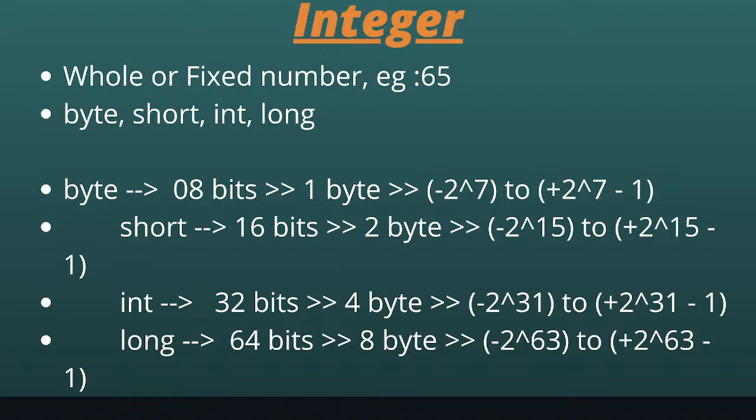Whenever we store a fixed number, we use int. Whenever I want decimals, I'll use double. If the value exceeds the int range but is a fixed number, then I'll use long. For storing true or false I can use boolean, and for storing a particular character I can use char. I hope this is clear to everyone till now.